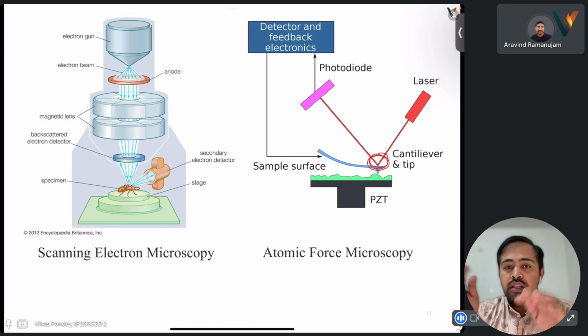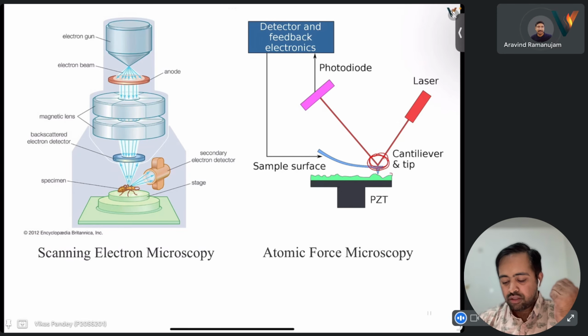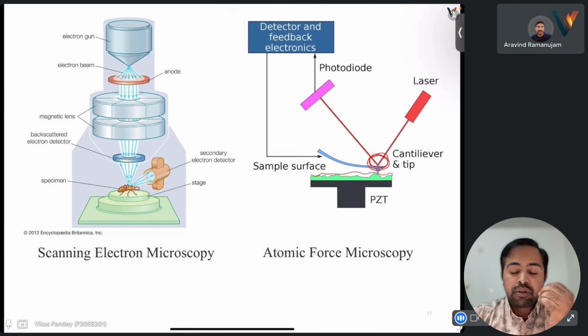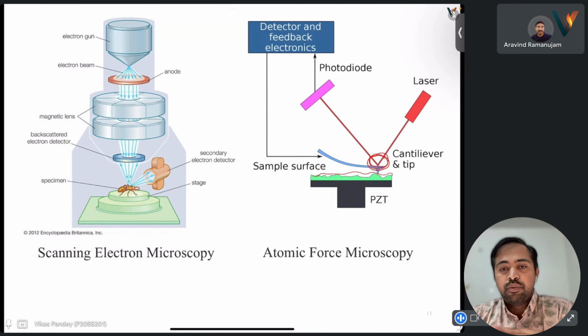But in this case, the back of this tip is being read by the laser. The tip moves over the surface. It is a cantilever tip, and it is very susceptible to the roughness of the surface. Sometimes it breaks if it is not handled properly.